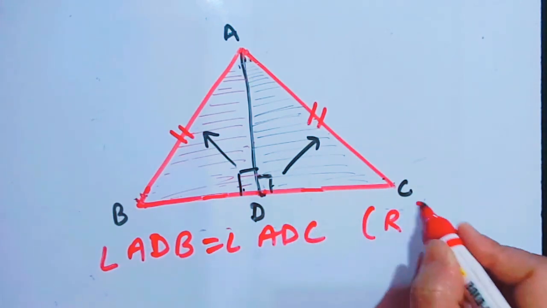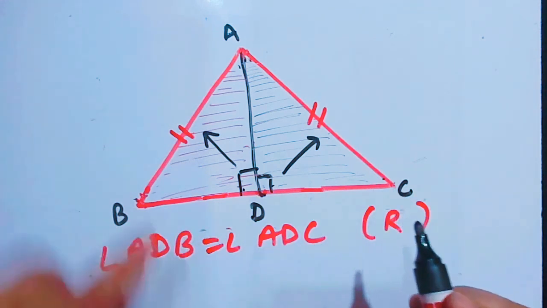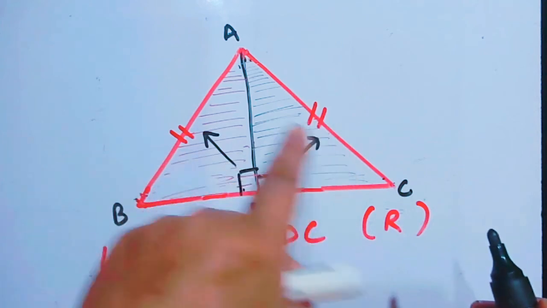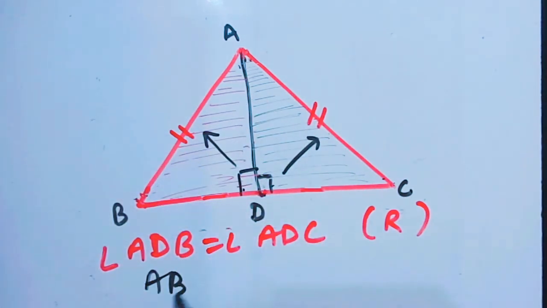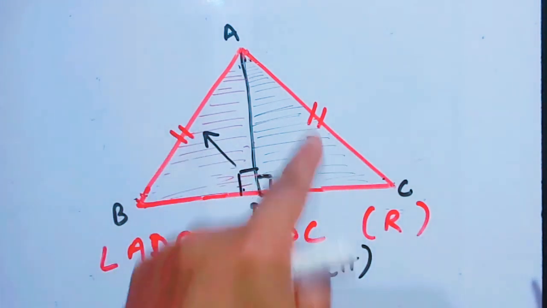So this is your right angle which is already given over there. Okay. Now when we look at AB and AC, AB is equal to AC and they are the hypotenuse. Why? Because they are the sides opposite to the right angle.